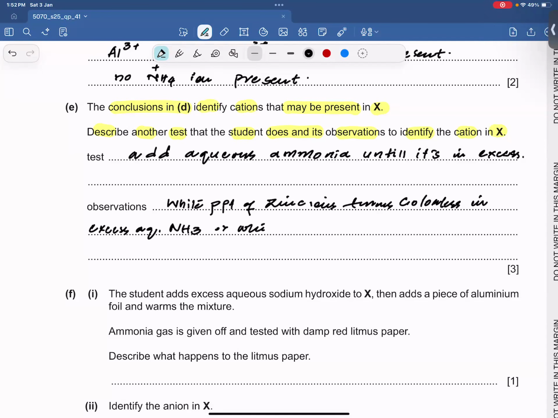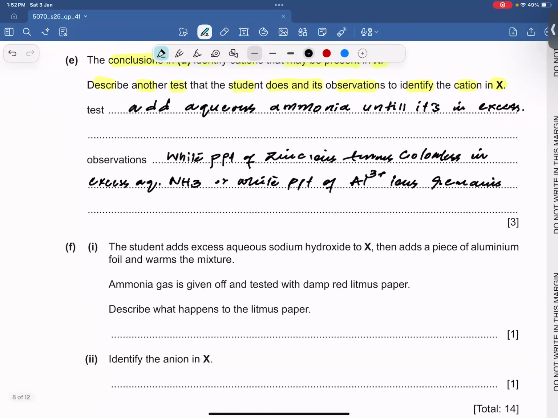Similarly, white precipitates of aluminum ions remain insoluble in excess aqueous ammonia.